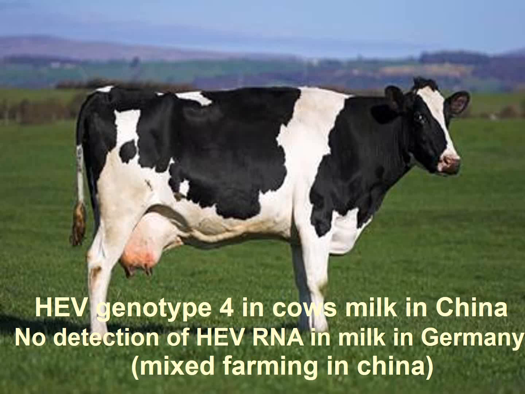Why is the infection in China from cow's milk and in Germany not? In China, the farming is mixed between cows and pigs, but in Germany it is separated. Therefore, we can say that the cows are infected from pigs and the milk transmits the infection to humans.